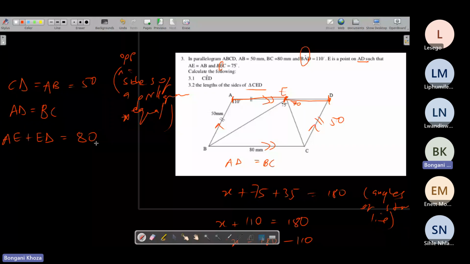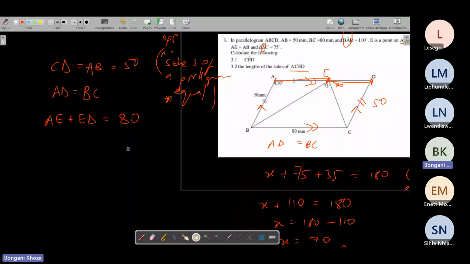Then from here, we know the value of AE because we were given somewhere. We're told that AE is equal to AB. So we can say AE is equal to AB, and that's equal to 50. The reason for that, it was given.